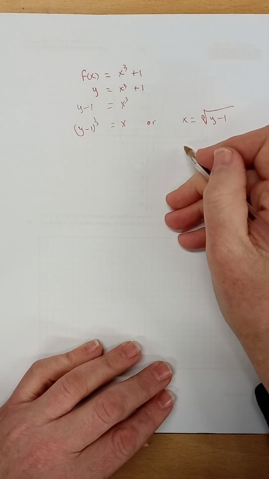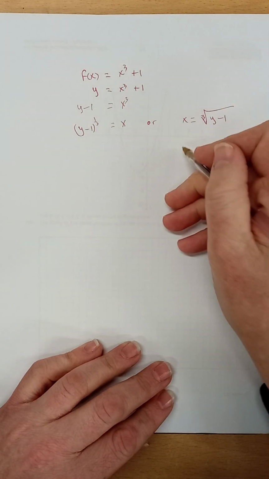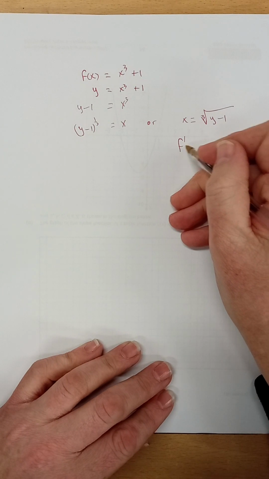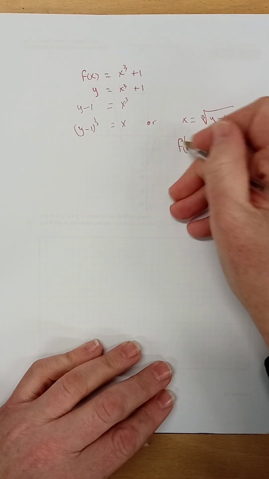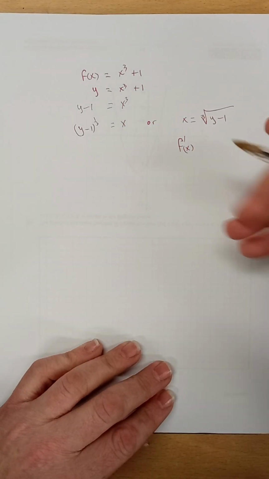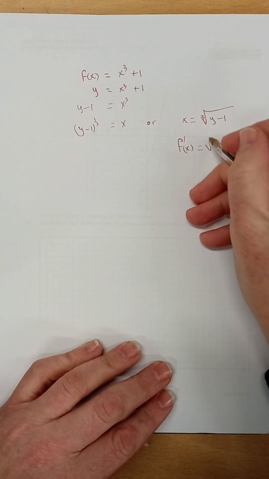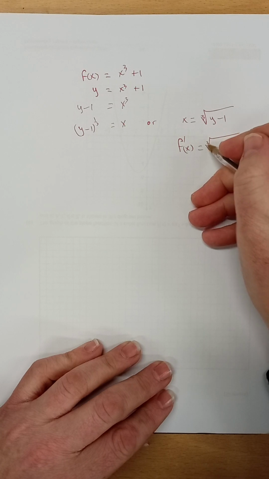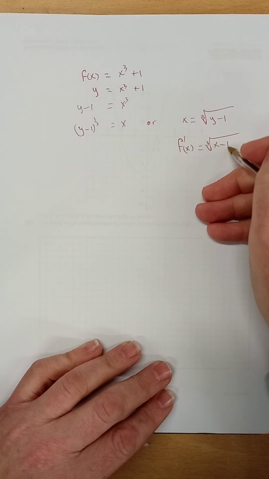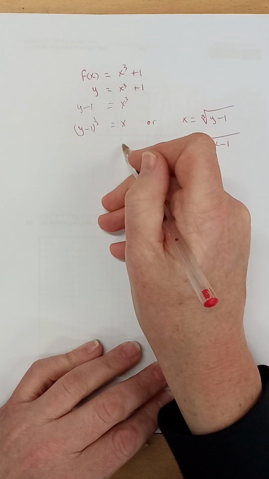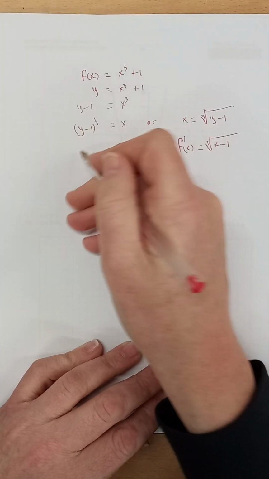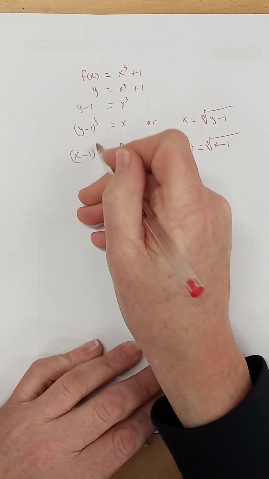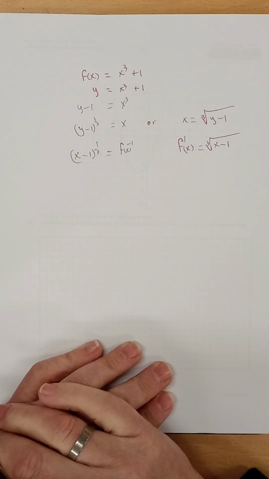So you put a little minus 1 to say that it's an inverse function, and then just replace the y with x. So similarly here, f of x to the minus 1 equals the cube root of x minus 1.